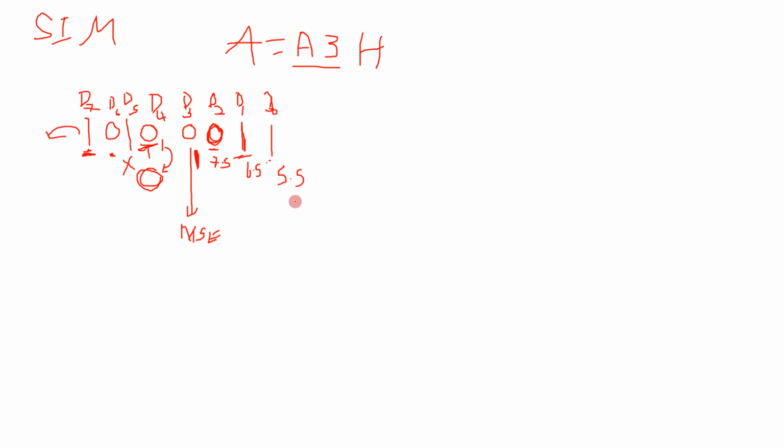So it depends on what the programmer wants. Does the programmer want to ignore RST 6.5 and RST 5.5? Does the programmer want to unmask, or does the programmer want to give service to interrupt 7.5?